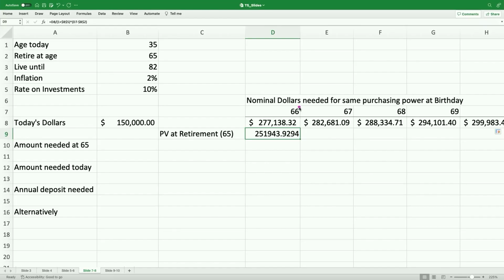Year 66, year 67, 68, all these cash flows need to be discounted back to year 65. So the 66 cash flow needs to be discounted back 1 year. The 67 cash flow needs to be discounted back 2 years. The 68 needs to be discounted back 3 years. We need to discount each of these back to year 65.